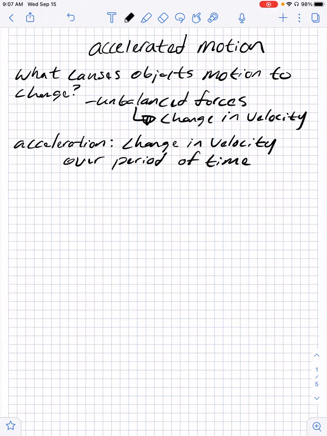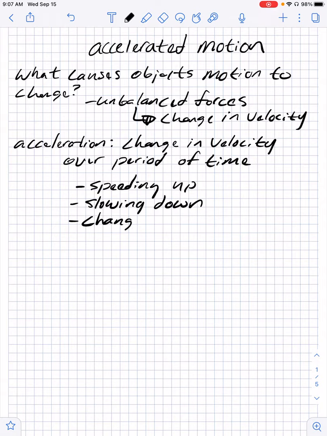Some examples of an object that's accelerating would be if an object is speeding up, if an object is slowing down, and also if an object is changing direction. This one is important because a lot of times it's forgotten. So, changing direction.